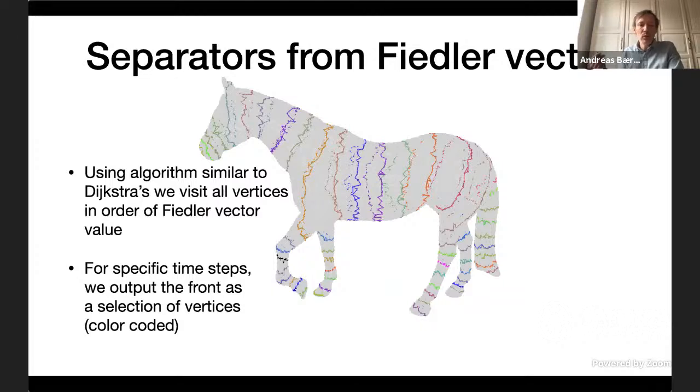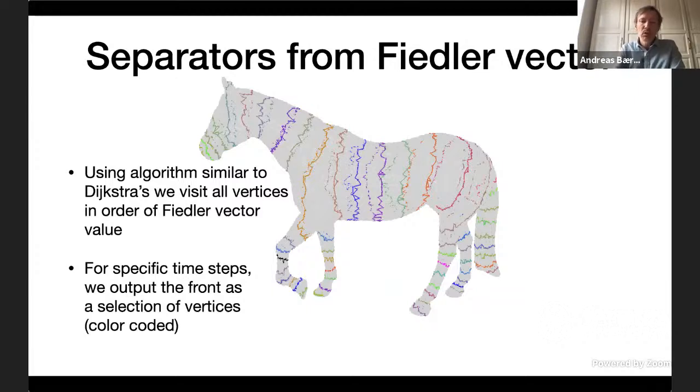And then we can freeze the front of the Dijkstra traversal at specific time steps, and that's what gives these colored curves. And it's perhaps important now to note that these are separators. We cannot pass from one side of the mesh to the other side without going through these colored curves.